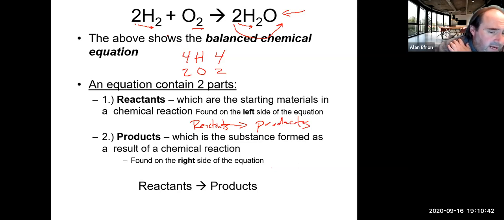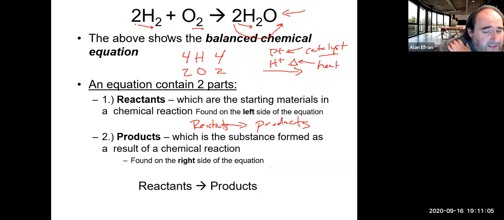Some other things that you will sometimes see in a chemical equation are things written up on the arrow. These are sometimes referred to as catalysts, which usually will speed up a chemical reaction. You may even see a delta symbol, which usually means heat. We also often see notation next to the chemical formulas.